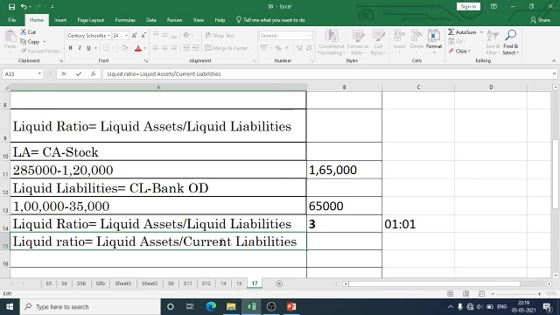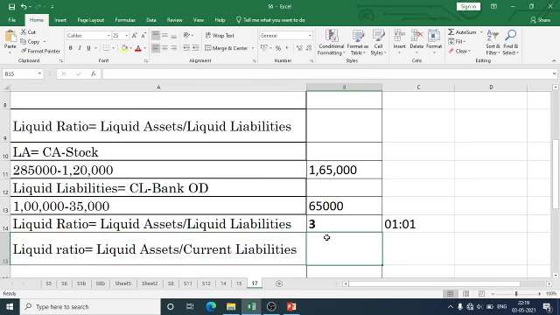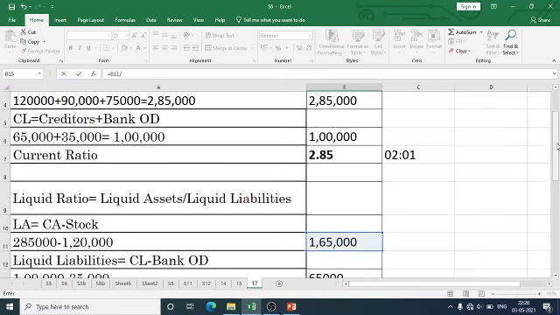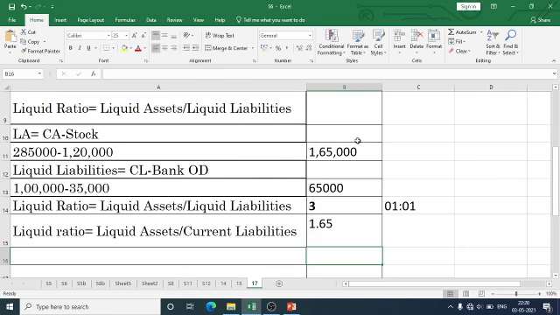In some textbooks they will consider current liability. So in that case it will be 1,65,000 liquid asset upon current liability. Current liability is already calculated here, it is 1 lakh. So we will get a bit less, 1.65 like that.